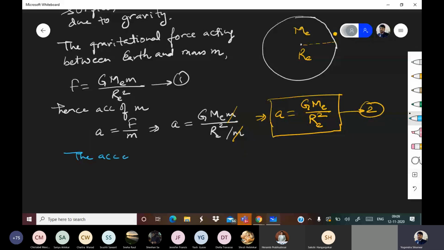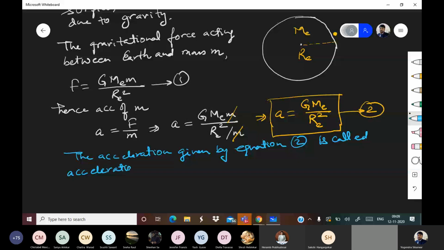The acceleration given by equation 2 is called acceleration due to gravity.